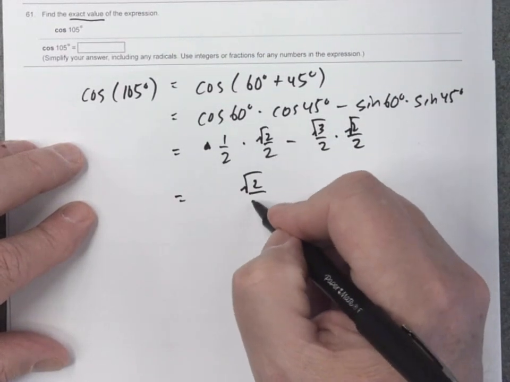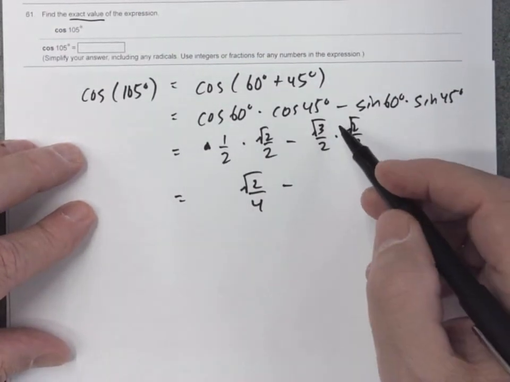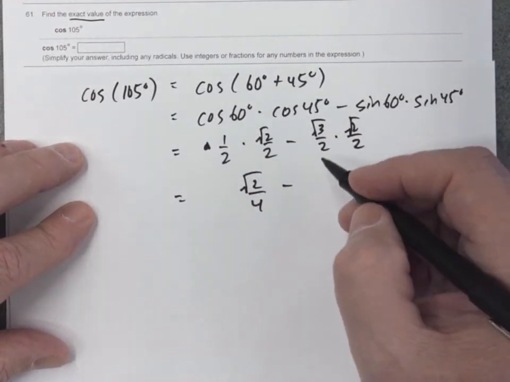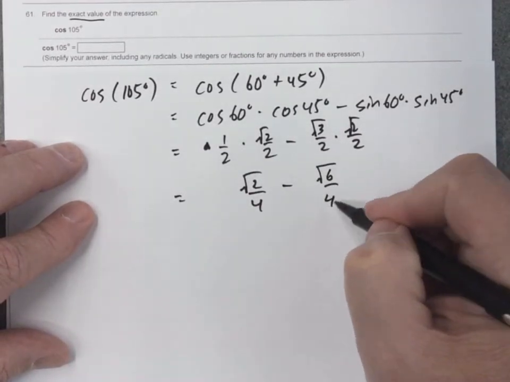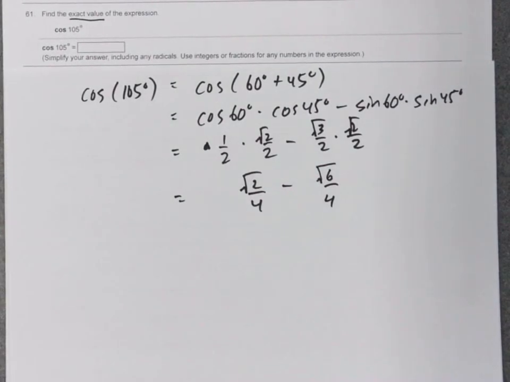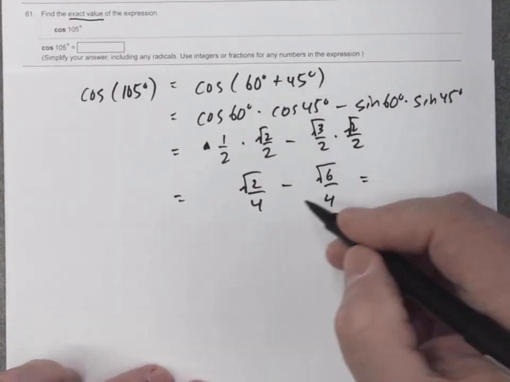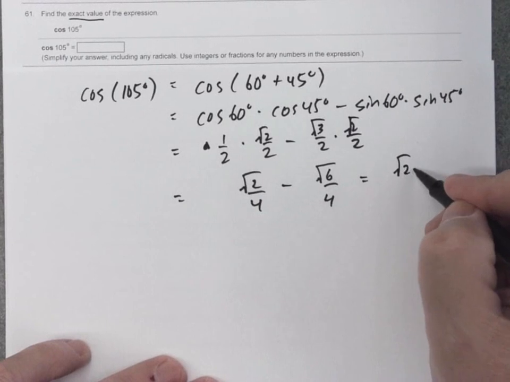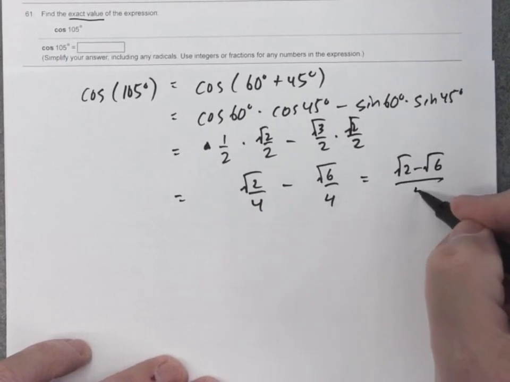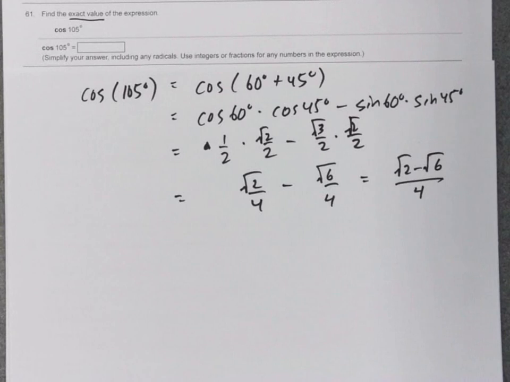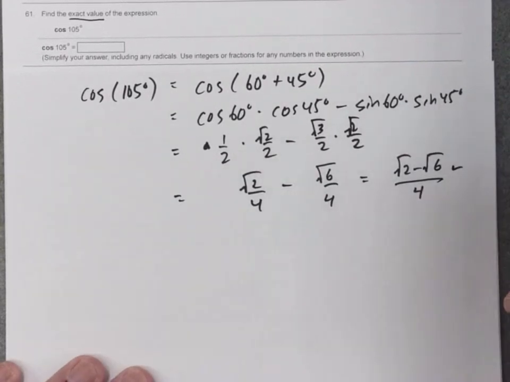So that's square root of 2 over 4 minus, square root of 3 times square root of 2 is square root of 6. When you're finally done, I can combine these into one fraction: square root of 2 minus square root of 6 all over 4. That's the exact value answer of cosine of 105.